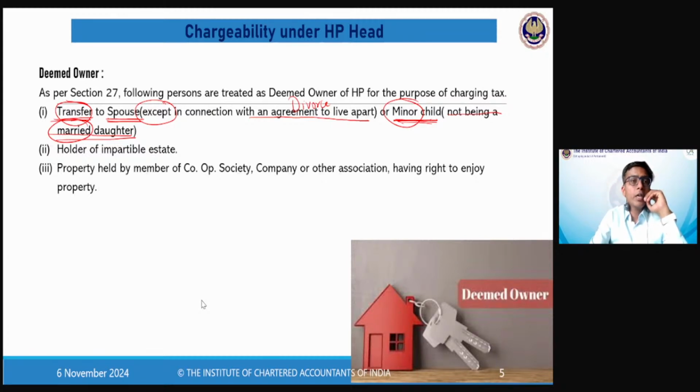This is a very interesting practical scenario in case of housing societies. Please keep this in mind. Now, in this particular case, the law says that even though the flat is in the name of the housing society, because that is how the housing society laws have been drafted.